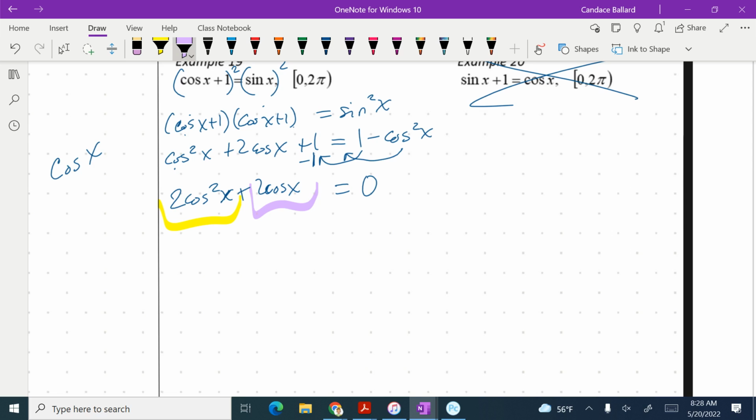So I'm going to pull out the 2 cosine x. When I take 2 cosine x out of the yellow group, what's left behind? And out of the purple group, what's left? 1. All right. From there, I want you to finish it. Do zero product property. Finish it off.